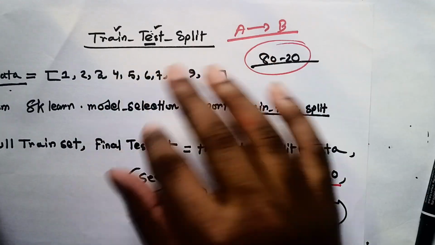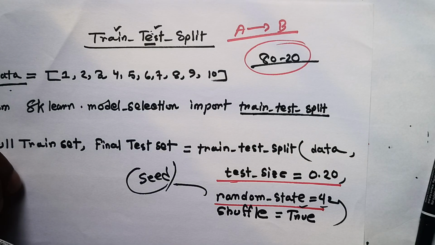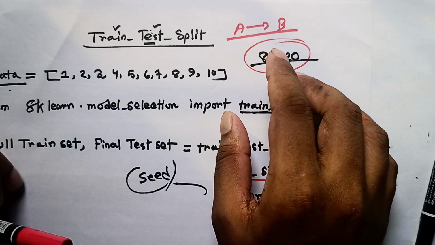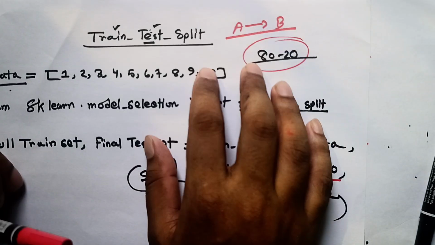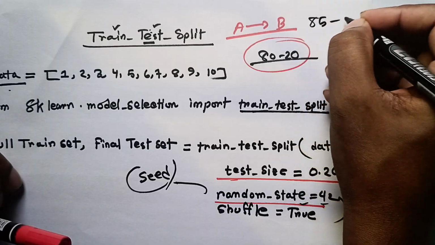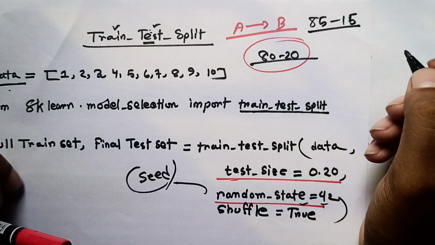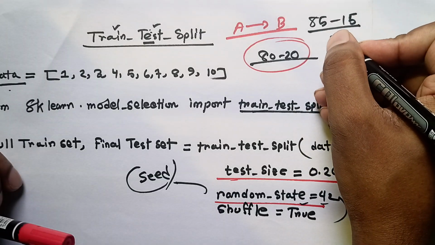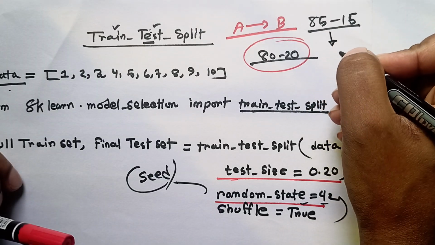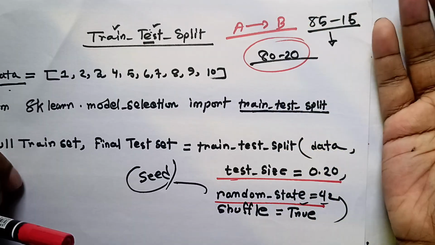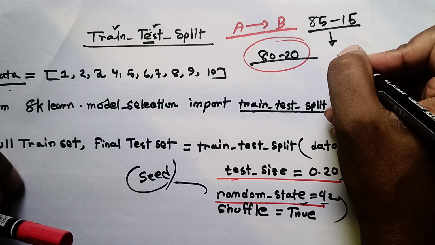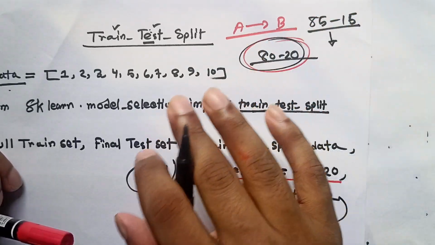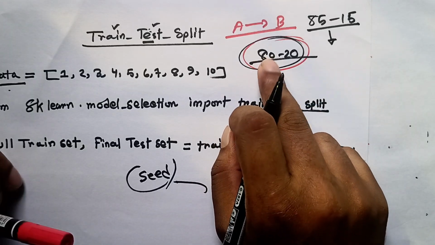If it is not the same for both researchers, there will be no way to compare between them. I know an 85/15 split can give you better results, but later your research cannot be compared with other research, which will be a lacking in your study. That is why in research fields, most of the time you will see this 80-20% split.